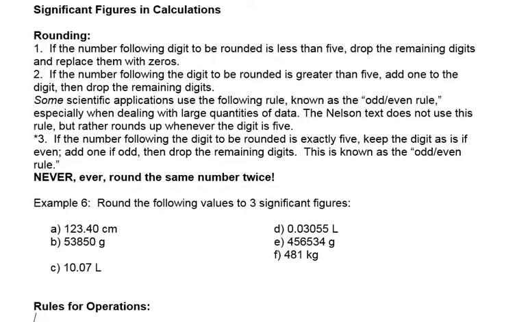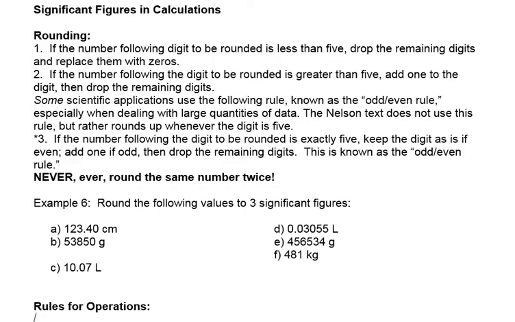The odd-even rule does not get implemented in all textbooks. And in fact, because it has to be exactly 5 with all zeros after it, it doesn't come up very often. So I'm going to give some examples, and I will show one that we could do using that odd-even rule or not.